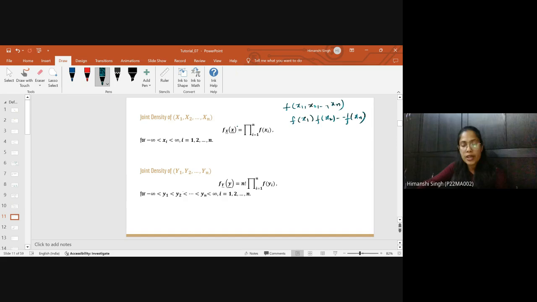So the joint density can be written as the product of the marginals.